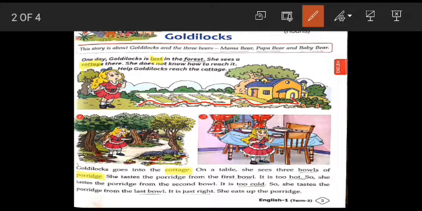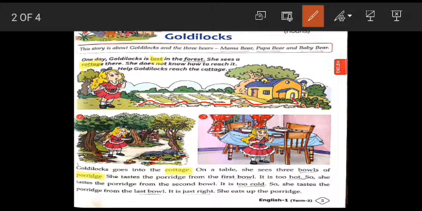As she sees the bowls, she tastes the porridge from the first bowl. She looks at the 3 bowls on the table, and she tastes the porridge from the first bowl, which is too big.